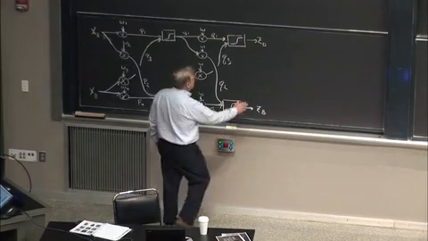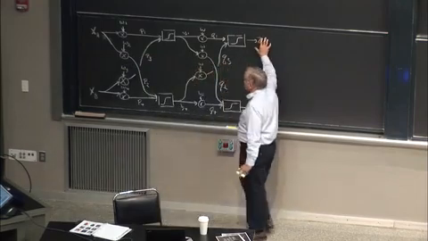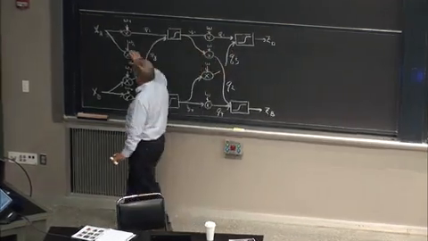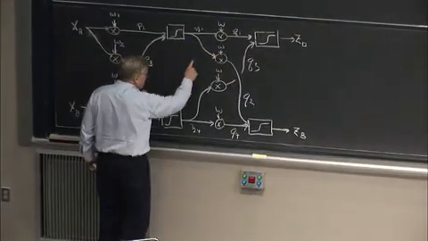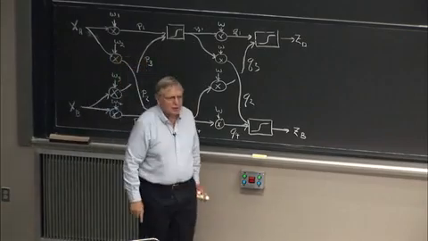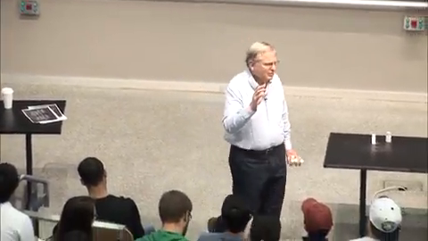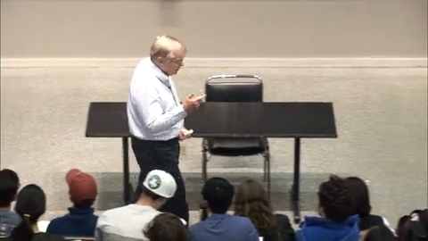You can't have the performance based on this output affect some weight change back here without going through this finite number of output variables, the y1s. And by the way, there's no y2 and y4. There's no y2 and y3.